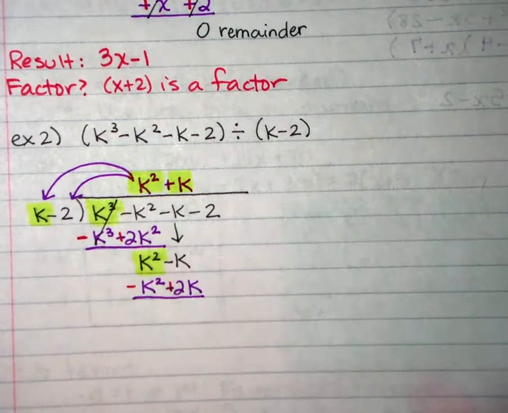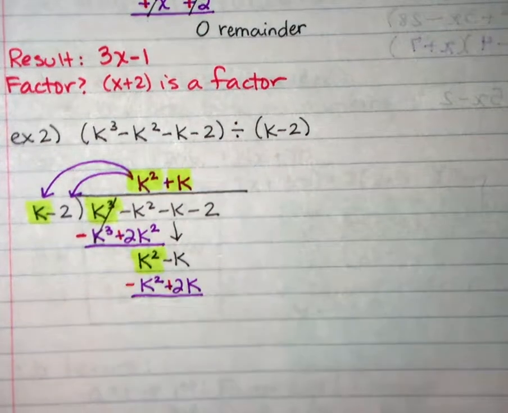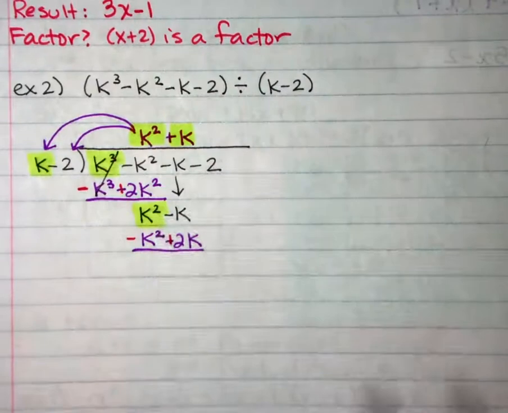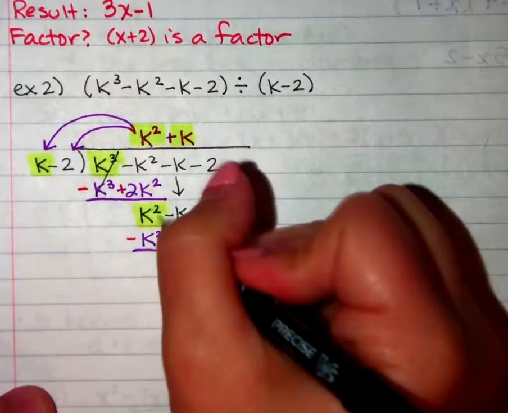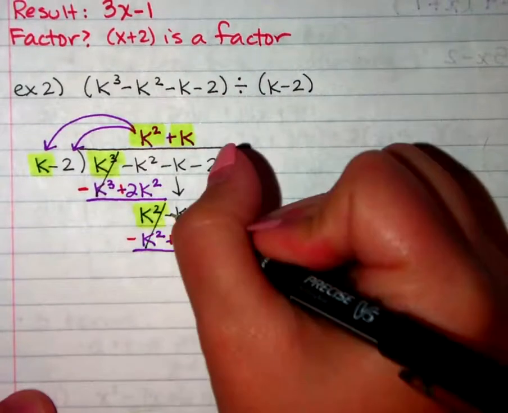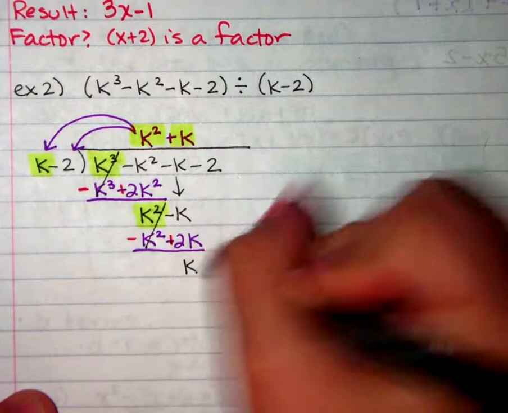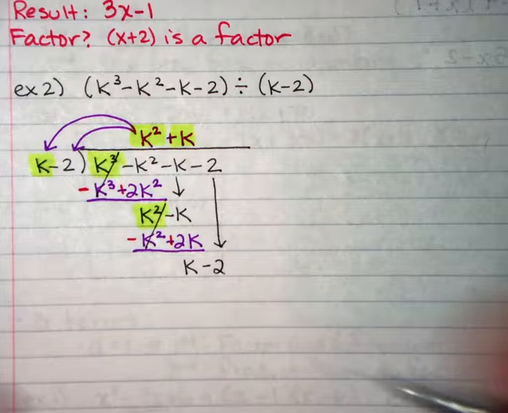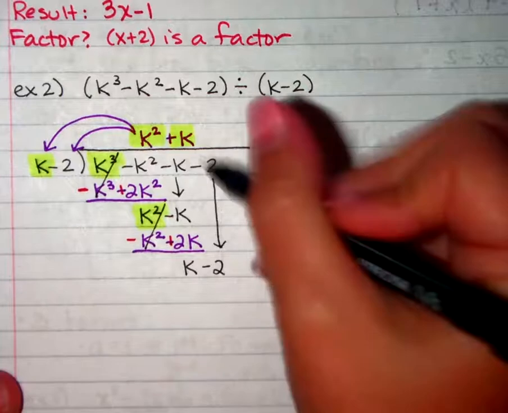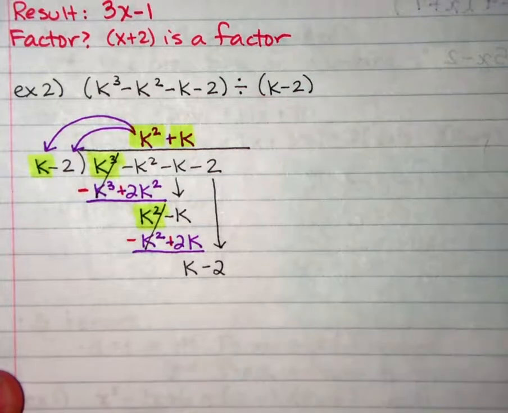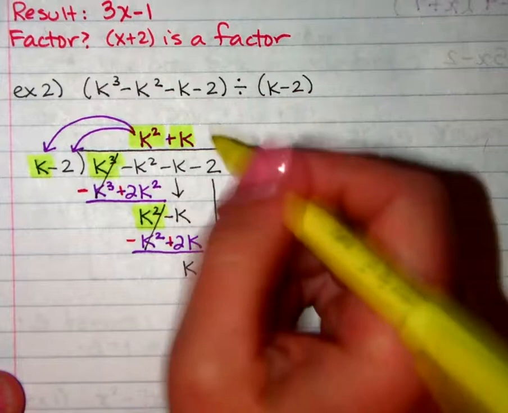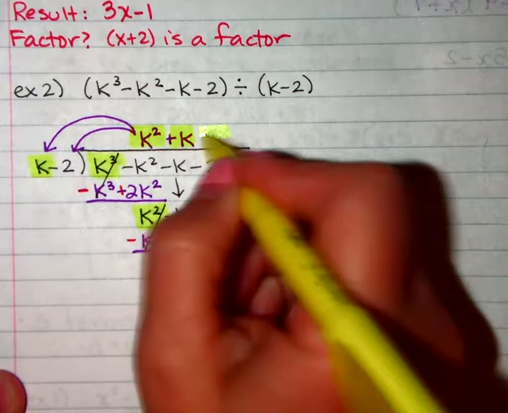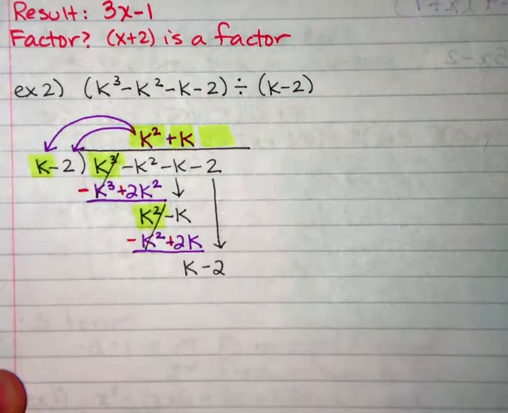And so we need to go one more time. All right, we just brought down our last term. And now my final piece here, I want to multiply by something times k to get a k. And what you're going to start noticing is this is going to go in descending order. I had a k squared, k to the first power, and the very last one that I'm going to use is going to be a constant.